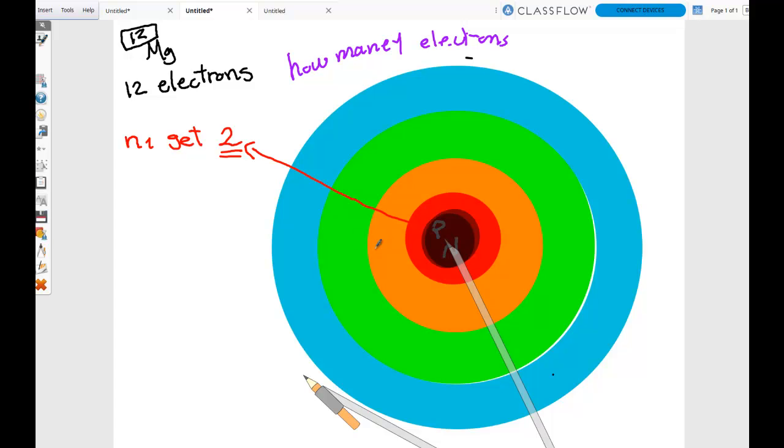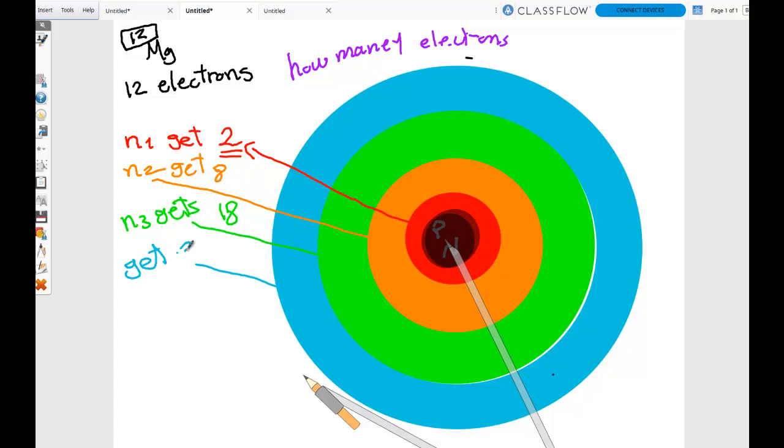Shell number 2 gets 8. Shell number 3 gets 18. Shell number 4 gets 32.